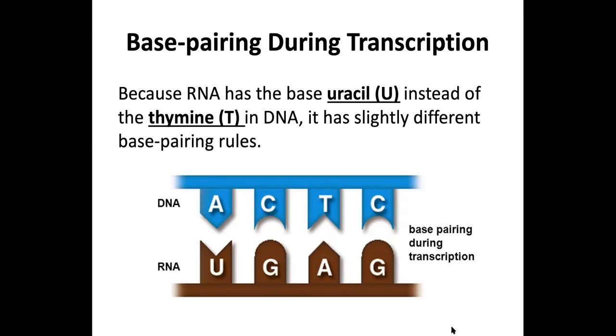So C and G do not change. If you're going from DNA to RNA, the T is still going to be here in DNA, so it'll still pair with the A. Your difference is going to be A pairing to U. And we're going to get lots of practice on this.